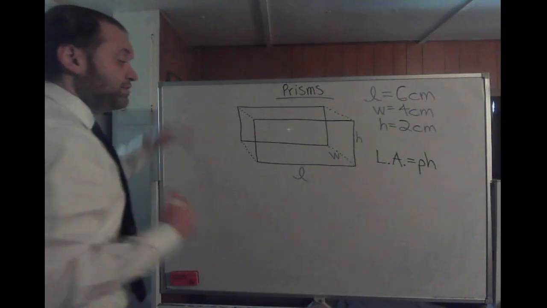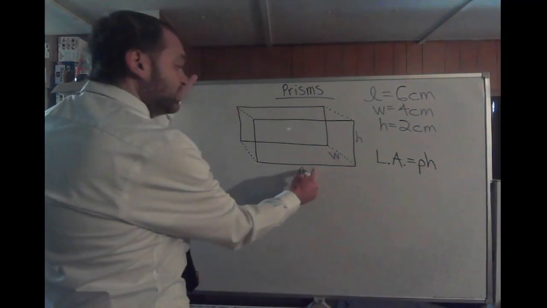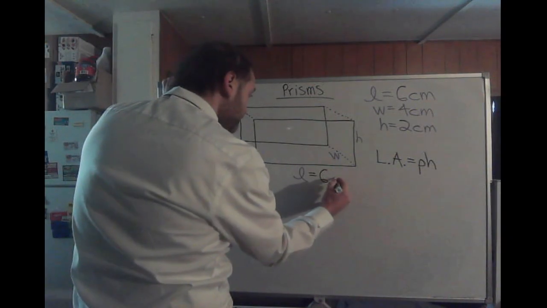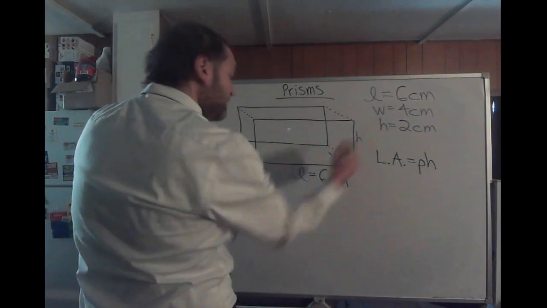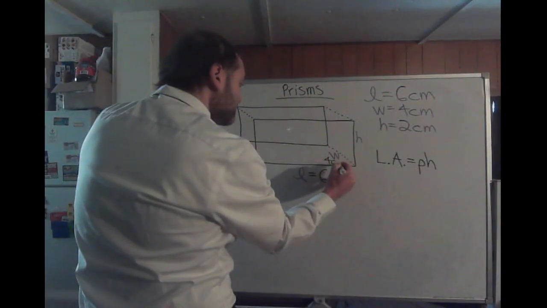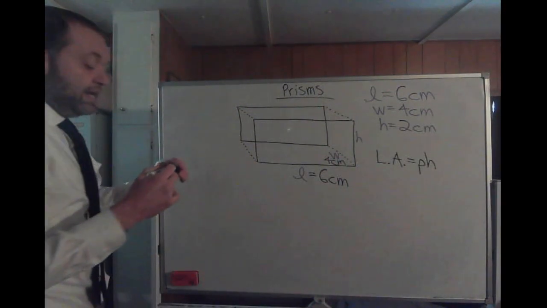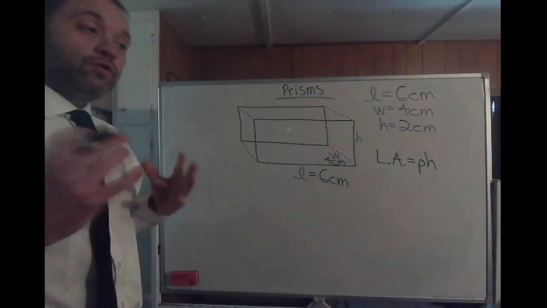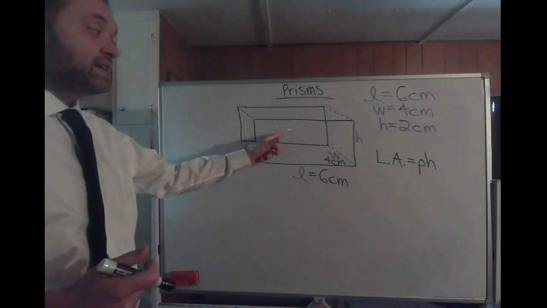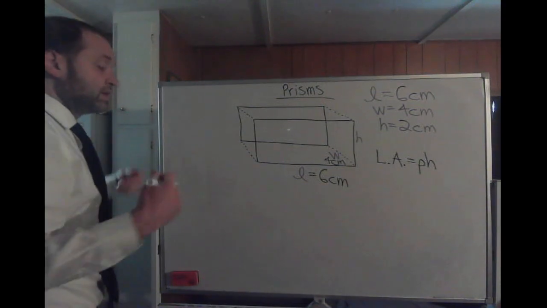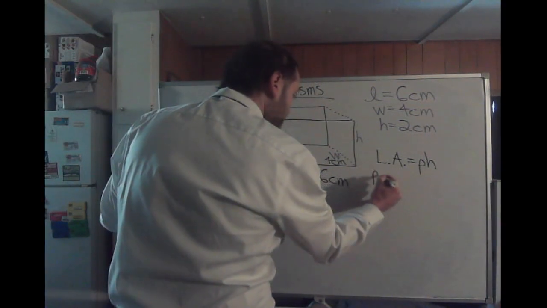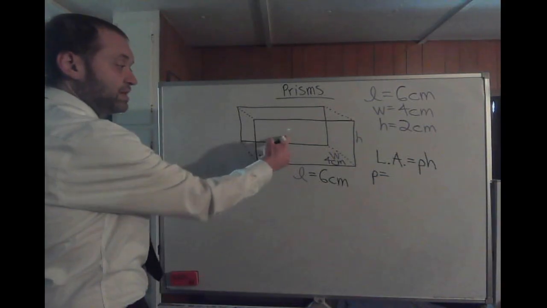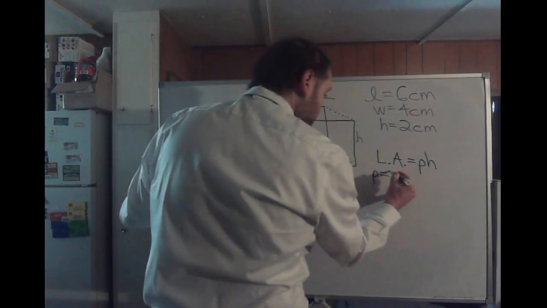Now, if you have a length of 6 centimeters, right? You have a width of 4 centimeters. If your base is a rectangle, what is true for rectangles? That opposite sides are congruent. So to find the perimeter of your base, your 6 centimeters, your length is actually going to occur twice, right?